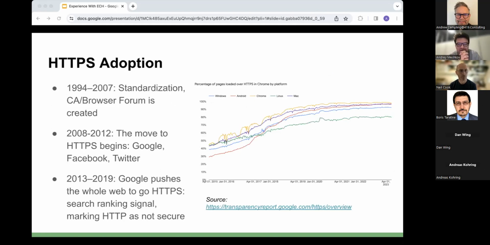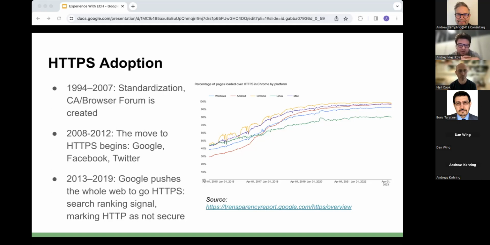Logically, the first thing I would like to take a look at is HTTPS adoption. Here's a slide with a simple timeline of how it was developed. Basically, we can split the HTTPS adoption process into three big stages.